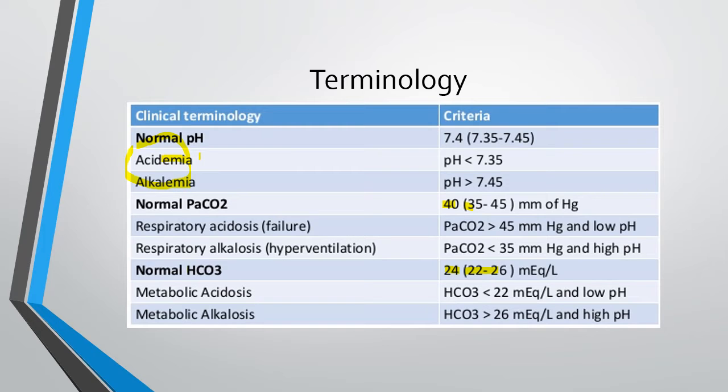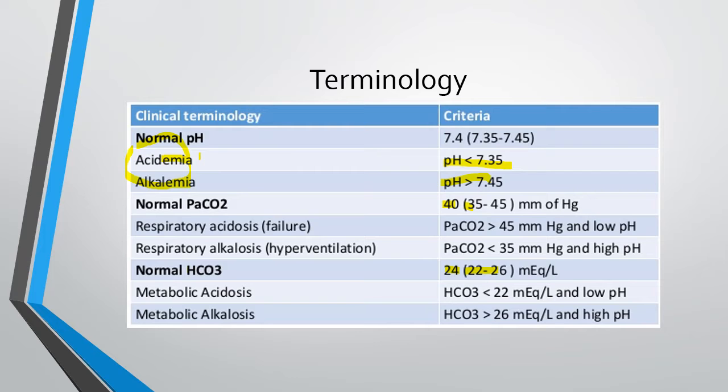So acidemia and alkalemia suggest that the blood pH is either acidic, in acidemia, or alkalotic, in alkalemia. In these conditions, we are not talking about any of the other components in an ABG. We're just talking about the pH. If we see a pH below 7.35, this is called acidemia. And if we see a pH above 7.45, this is known as alkalemia.